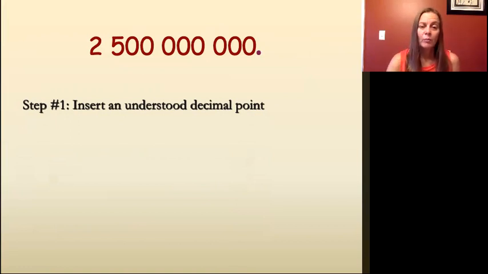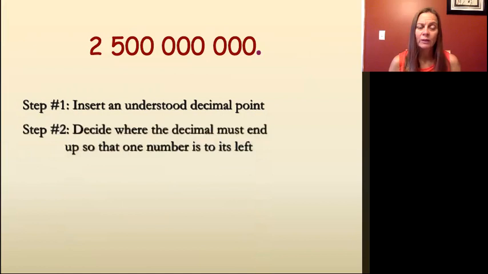We want to move that decimal so that only 1 digit is to its left, so that the coefficient is between 1 and 10. If I put the decimal point right here, that gives me just a 2 to the left of the decimal point.